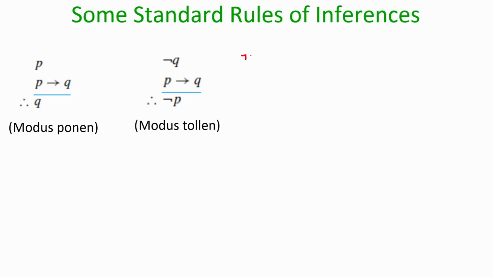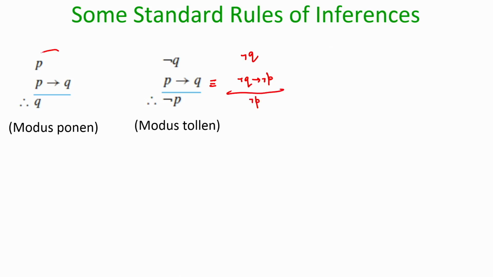You are given the premise negation Q, and remember that P implies Q is logically equivalent to negation Q implies negation P. Because negation Q implies negation P is the contrapositive of P implies Q, and the contrapositive is always logically equivalent to the original implication, and your conclusion here is negation P.